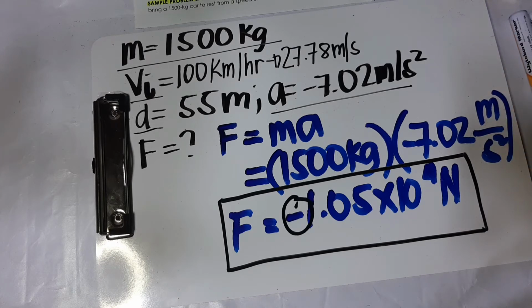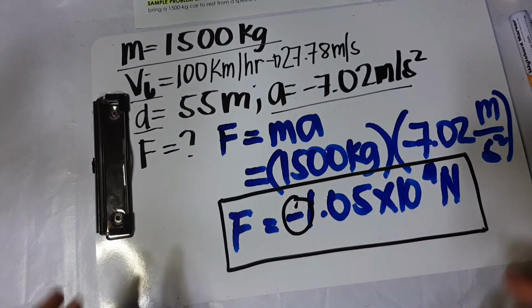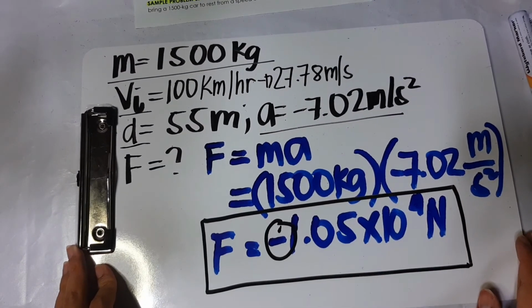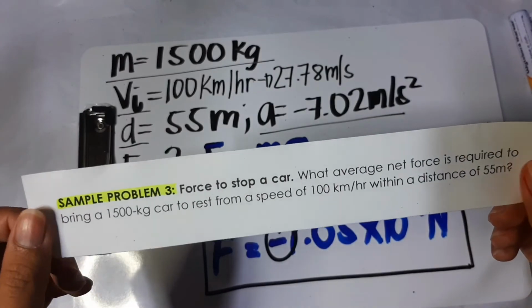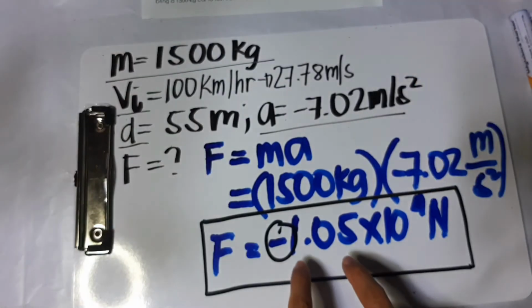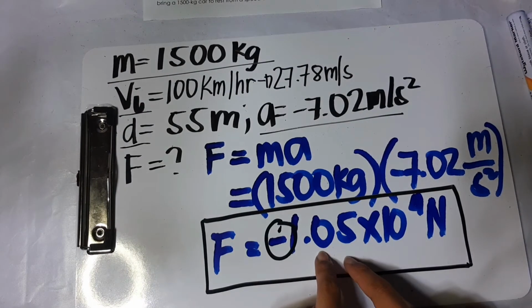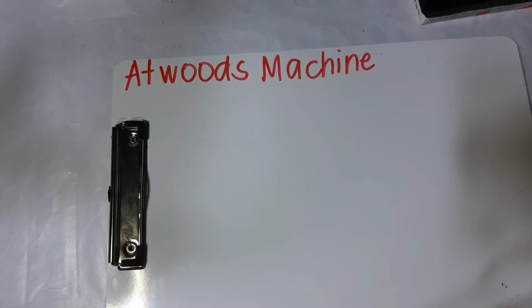Kaya meron tayong negative na acceleration. So the average net force for problem number 2 is negative 1.05 times 10 raised to 4 newtons.